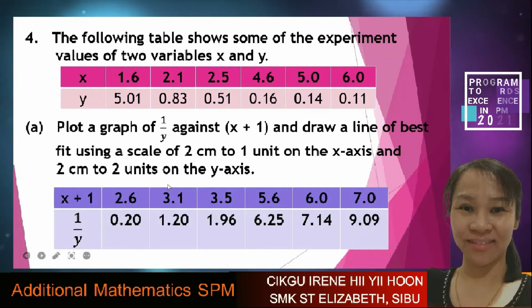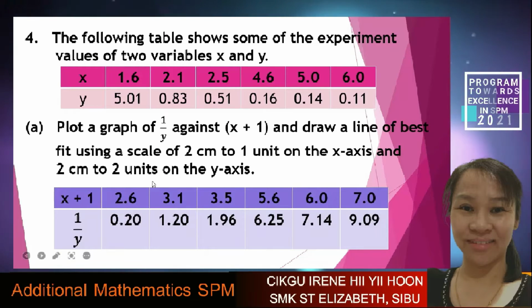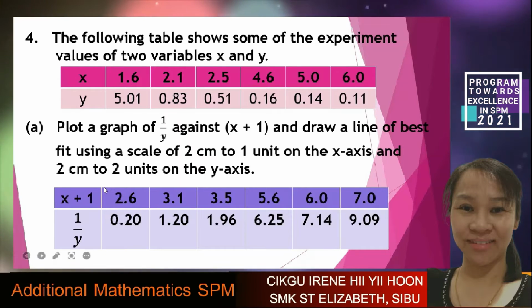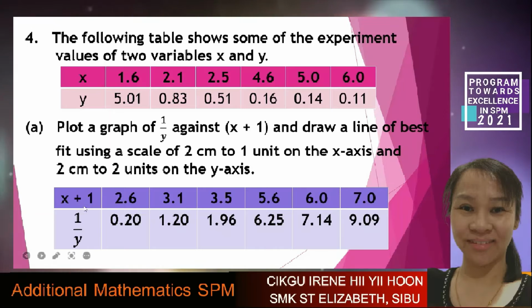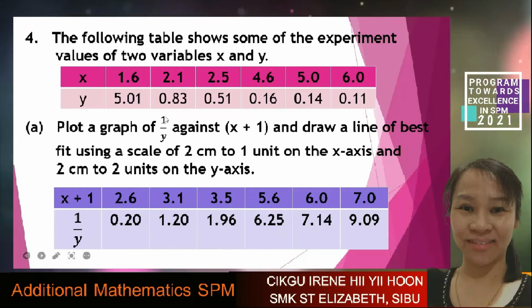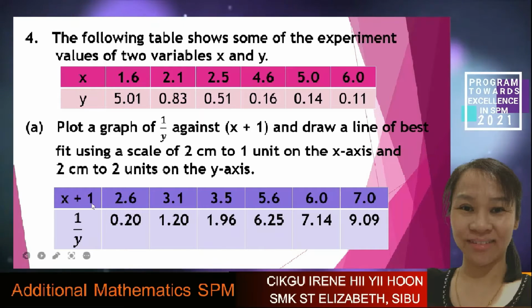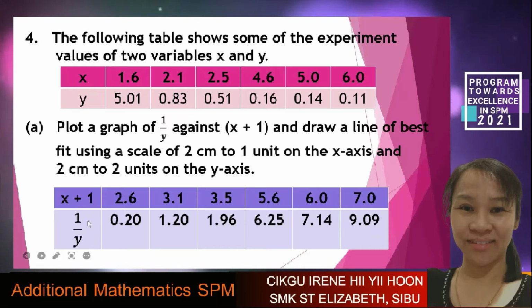So as usual, even though the question does not ask us to build the table, we still have to build the table according to the variables on the x-axis and y-axis. They are x plus 1 and 1 over y.